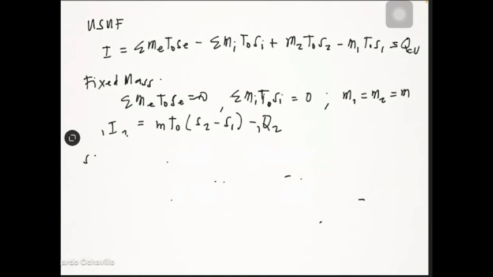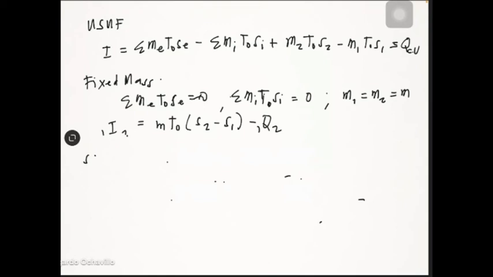You have the surroundings, so you have your T_0, you have your P_0, you have your V_0 and you have your Z_0. So h_e is equivalent to h_0, and your s_e is equivalent to s_0, and your V_e is equal to 0, and your z_e is also equal to 0.